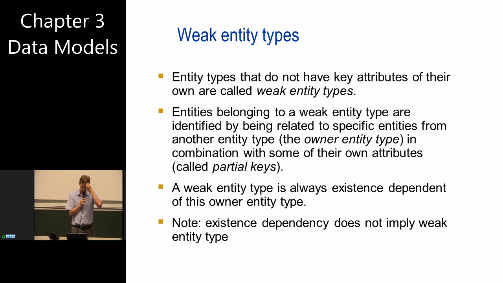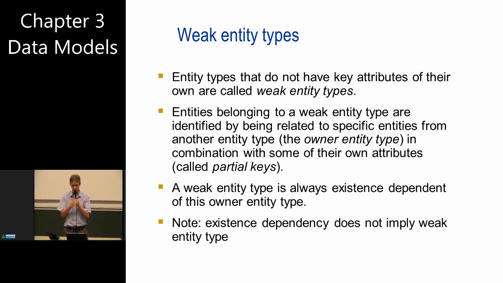Weak entity types are a particular kind of entity types that do not have their own key attributes. They're called weak entity types because they are not powerful enough to come up with their own key attributes. So entities belonging to a weak entity type are identified by being related to an owner entity type. So it will need a key from the owner entity type, which is what we call a partial key.